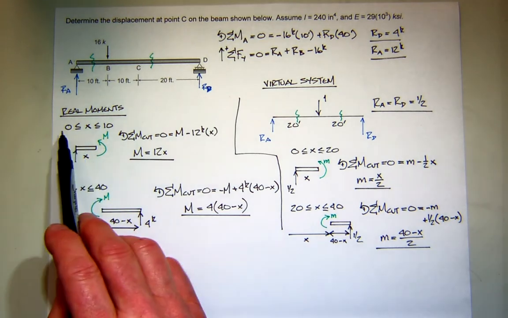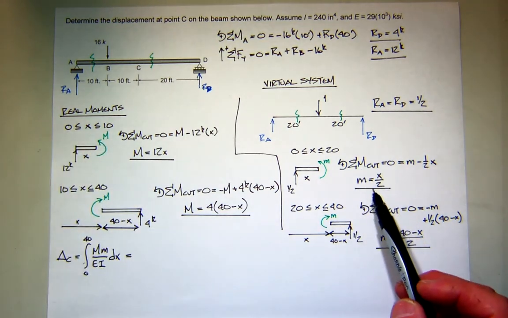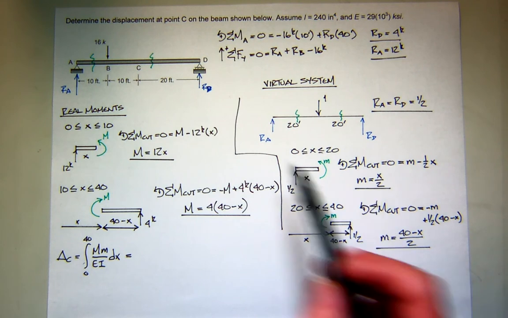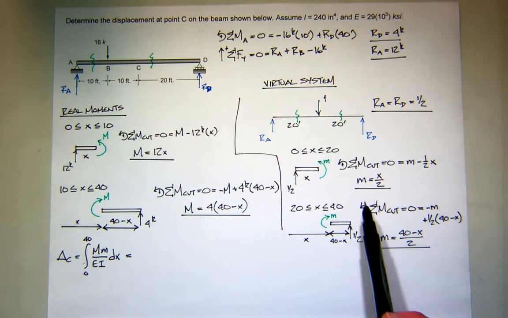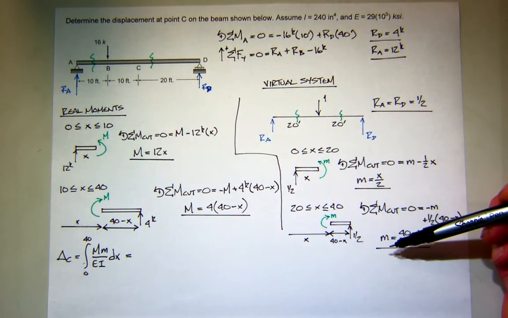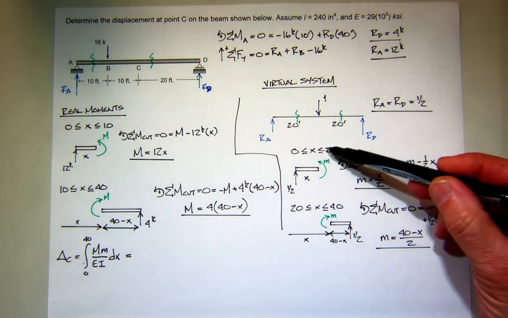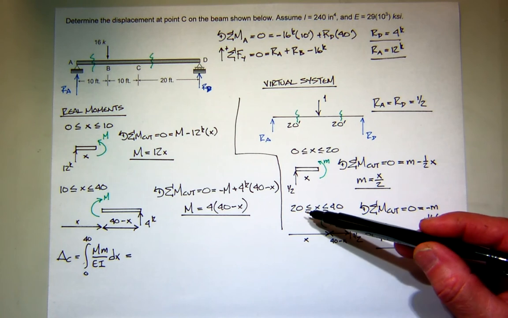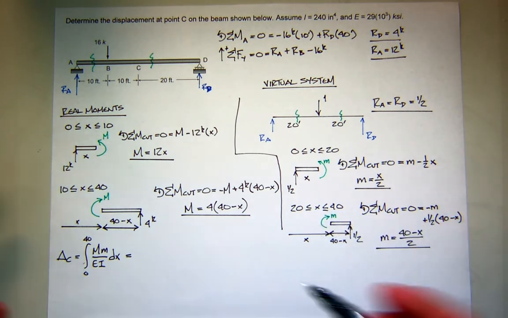Well, I know my real moment varies from 0 to 10, and I have another matching virtual moment that also goes from 0 to 10. Now, I have a real moment that goes from 10 to 40, but notice I don't have a virtual moment that goes continuously from 10 to 40. So I have to stop at 20 and then do a third integral from 20 to 40. Everybody see that?